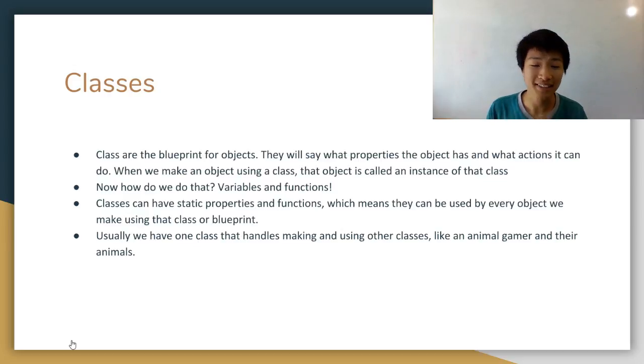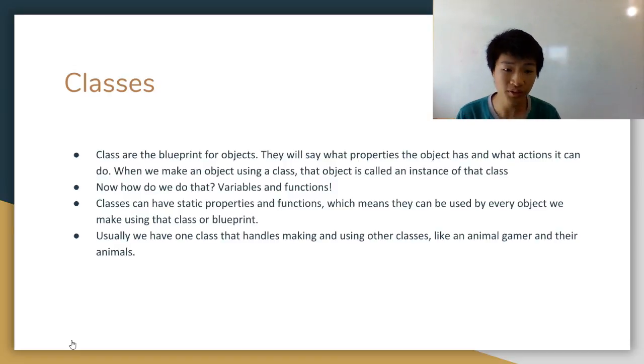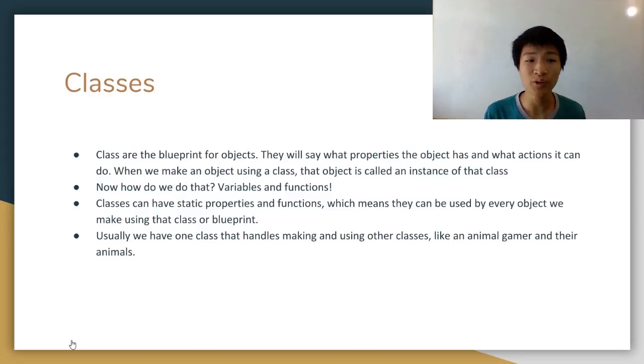And so, classes can have static properties and functions, and all that means is that a static property or function is used by every single object or every single instance that we've made out of that blueprint or class. And so now you know what static means. It means that we don't have to make an object out of a class before using it. Every member of that class, every object made from that class, can use a static property or function.